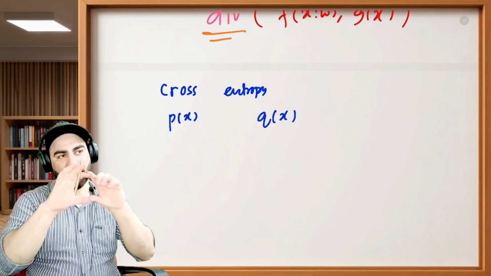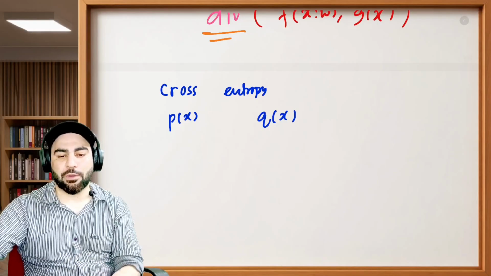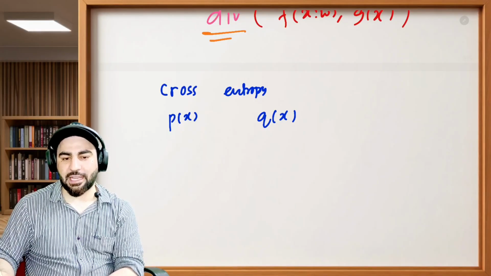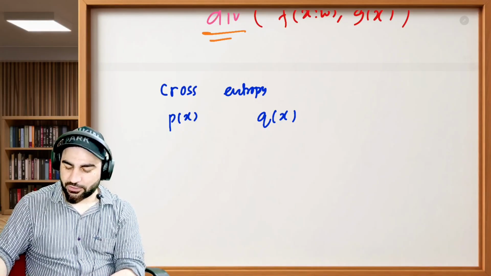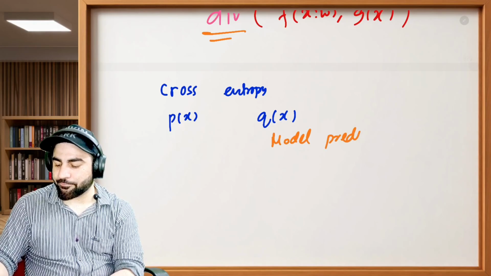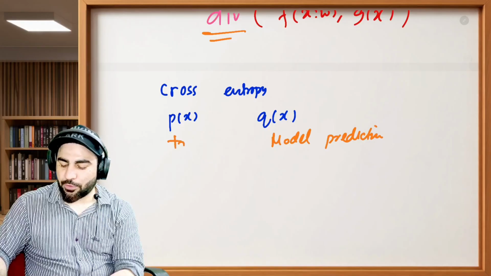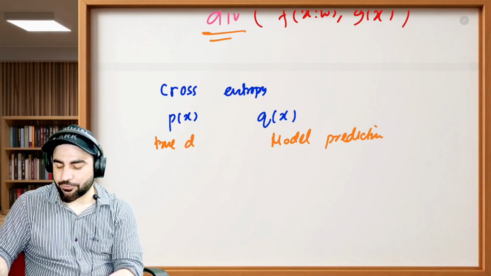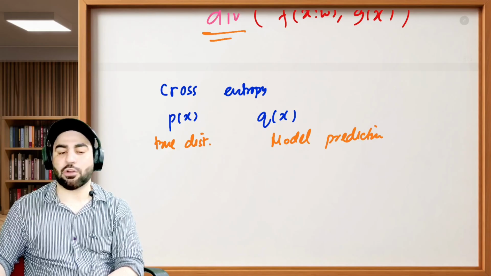And the other, the model prediction, will usually be a probability distribution. So consider this to be the true probability distribution for outcome xi, and this is the model prediction qi. This is the true distribution, and this is the model prediction distribution.